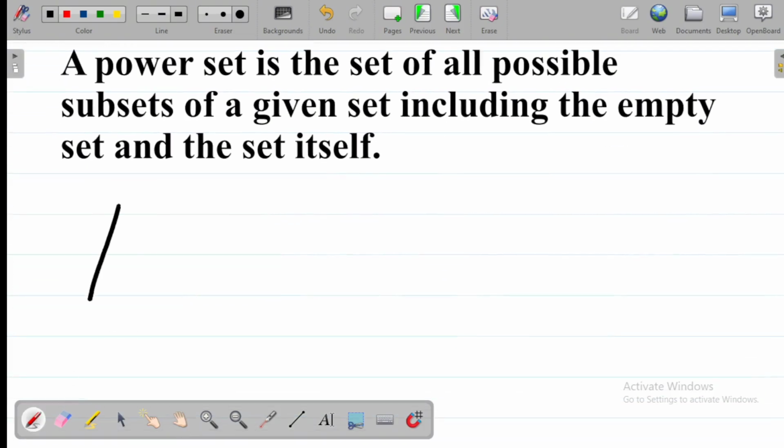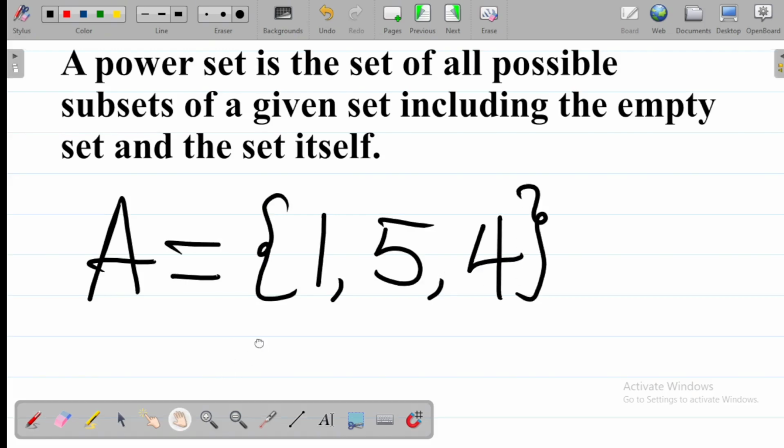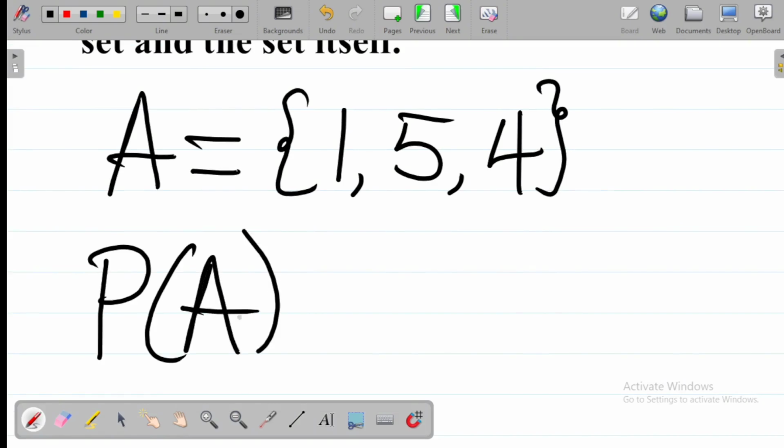If set A is equal to 1, 5, and 4, the power set of A is written as P(A).